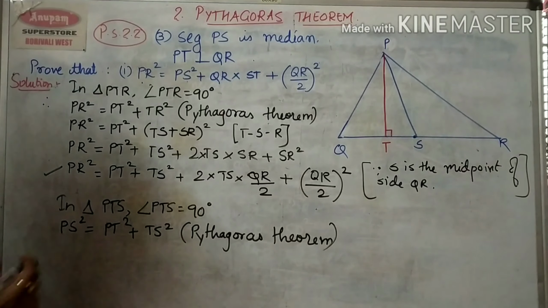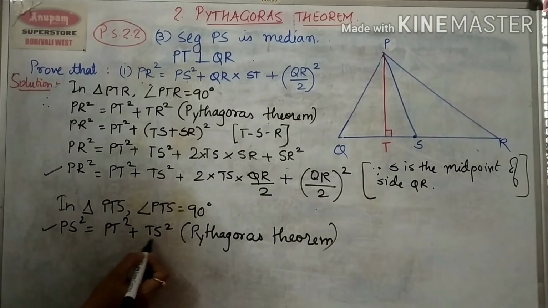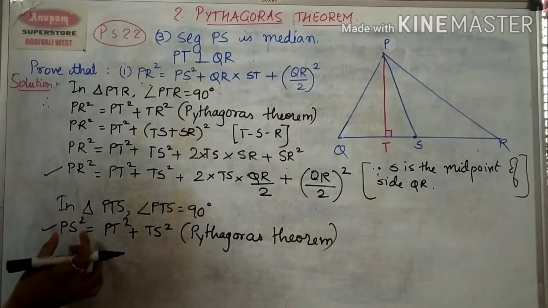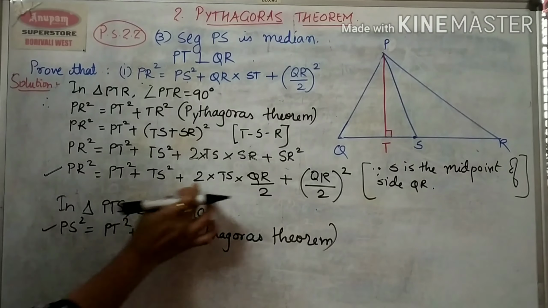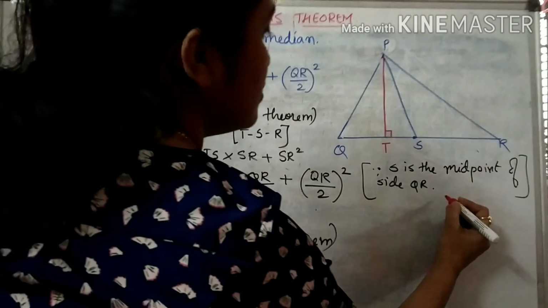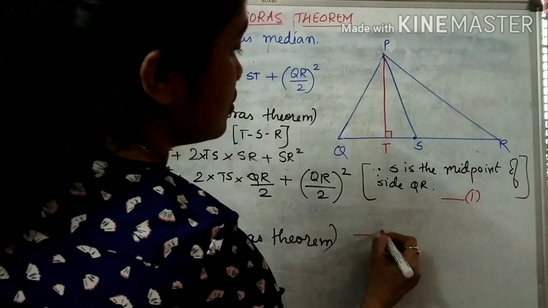Just see here, children, this one. If you look, this PT square plus TS square is somewhere here. So instead of PT square plus TS square, if I write this here, I'll get some other statement. So for that, I'll write this as equation 1 and this I'll put as number 2.